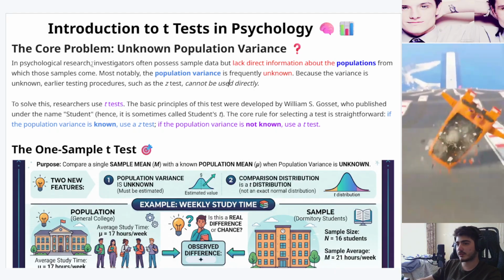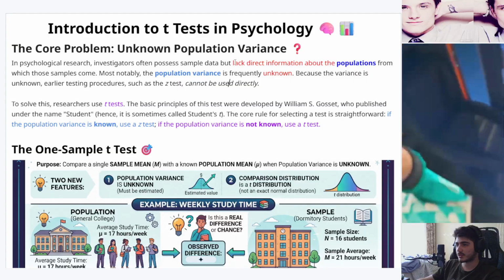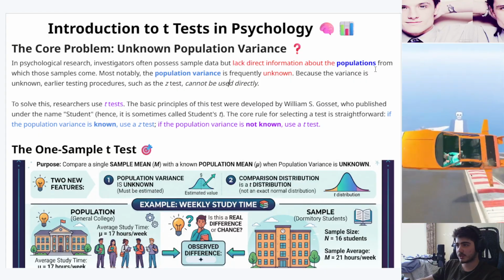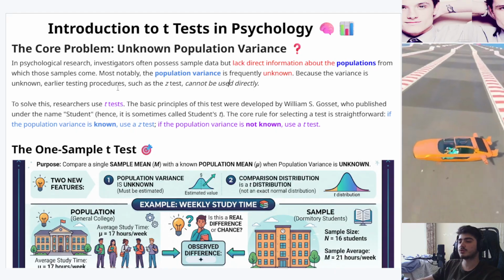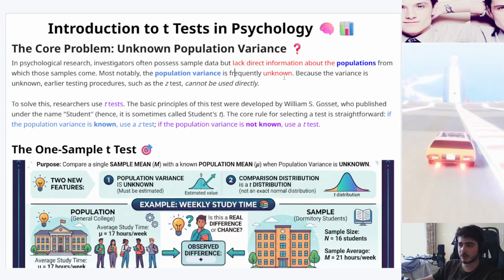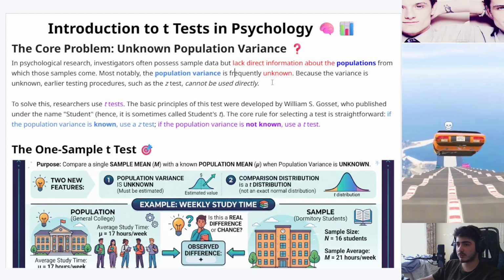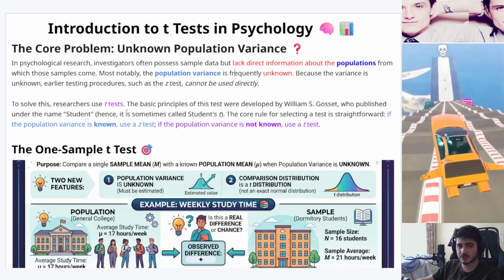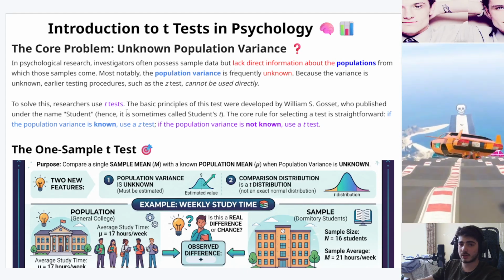Now, in psychological research, investigators often possess sample data but lack direct information about populations. Most notably, the population variance is frequently unknown. Because the variance is unknown, earlier testing procedures such as z-test cannot be used directly.